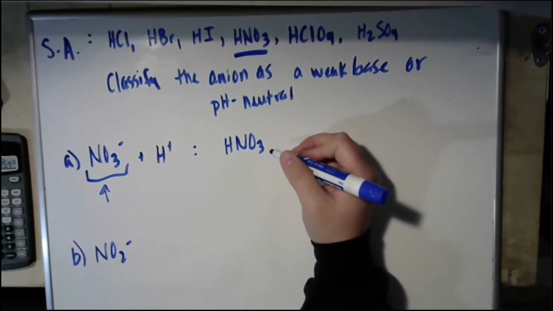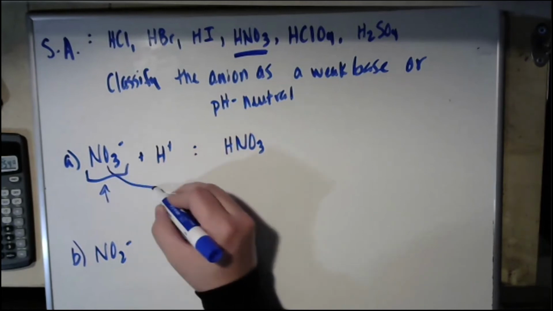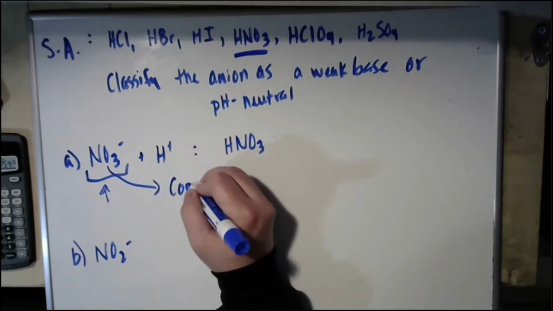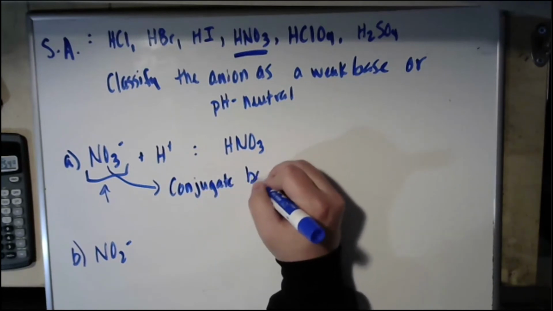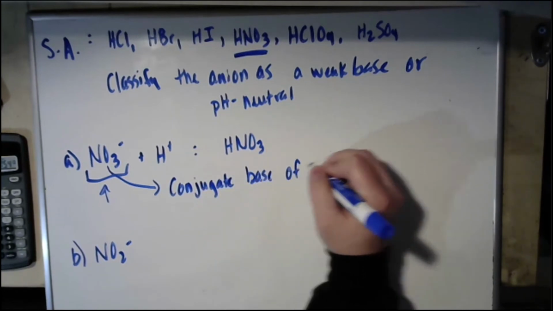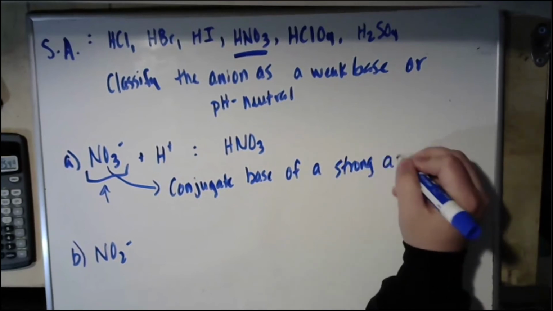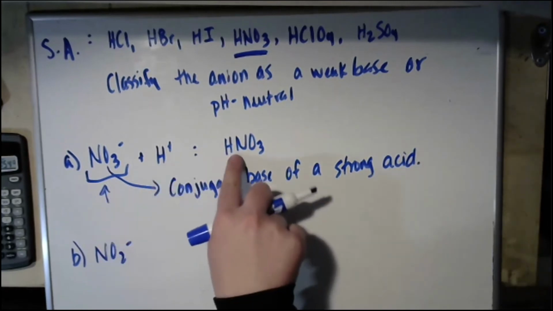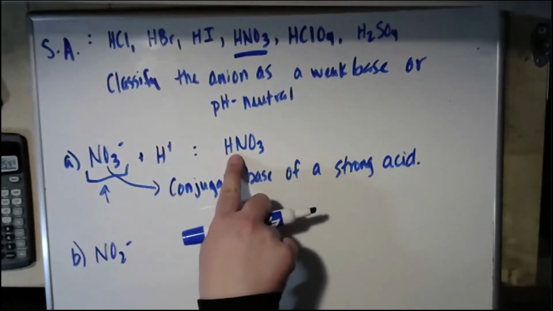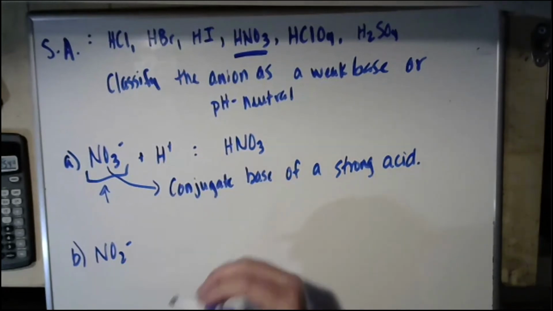Agree? So we could say that NO3 minus is going to be the conjugate base of a strong acid. The counter ion to your strong acid, or your conjugate base of your strong acid, is always pH neutral.